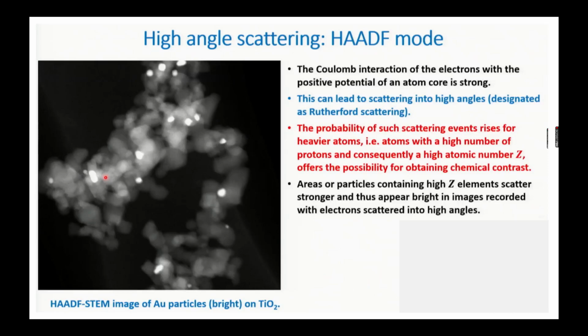Okay, so here what is happening? In this mode, the probability of scattering events rises for heavier atoms. Okay, so atoms with a high number of protons, it means the higher the atomic number, offers the possibility of obtaining chemical contrast.